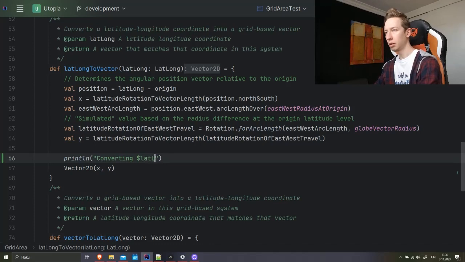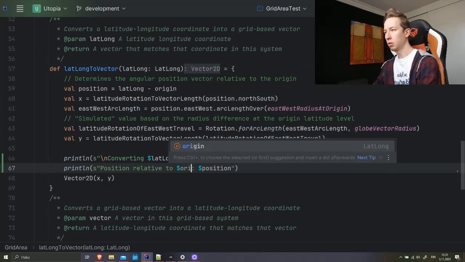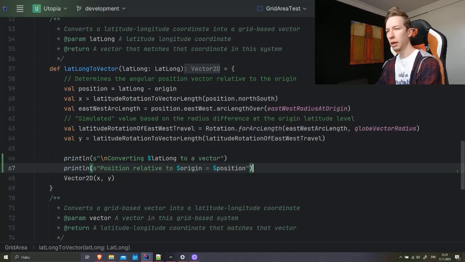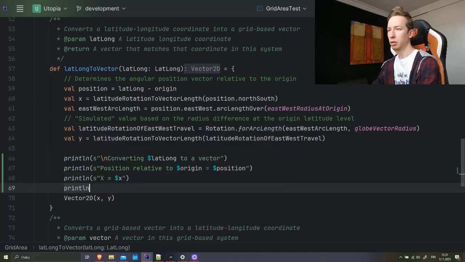Converting long to vector. Okay. And let's print relative position equals position, or let's say position relative to origin equals that. Then we have the x equals x. Then east, west, arc length equals west arc length.